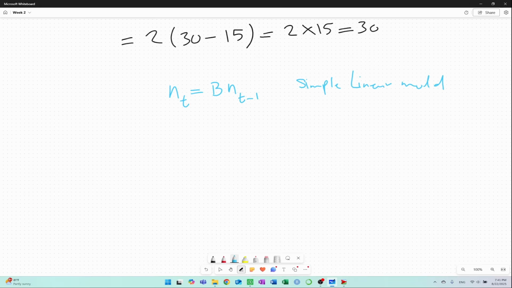But this time, n sub t equal to r times n sub t minus n sub t squared divided by n max resulted in a nonlinear function.